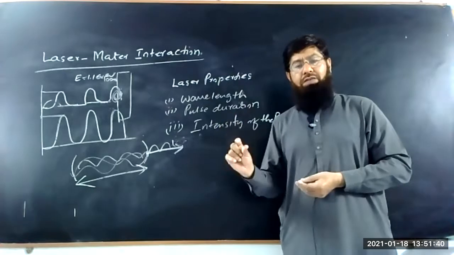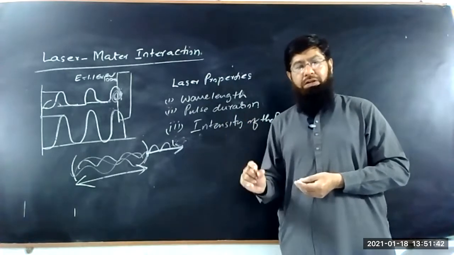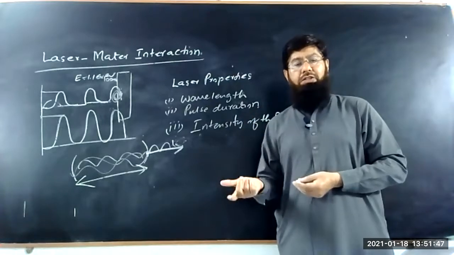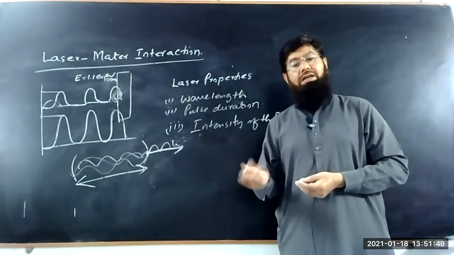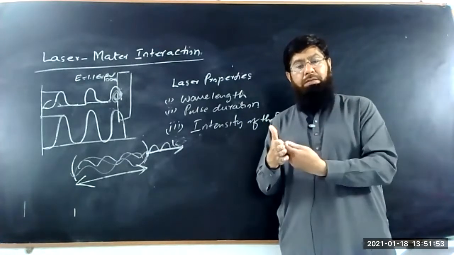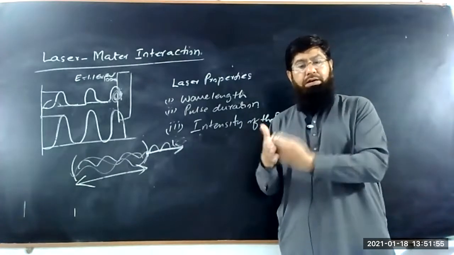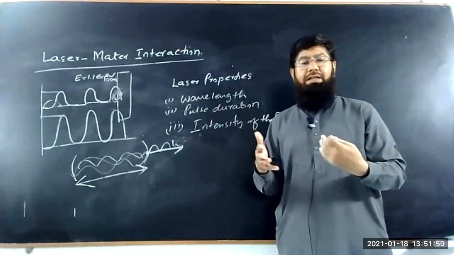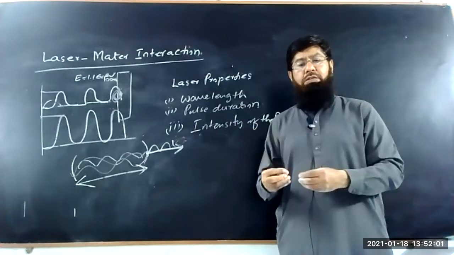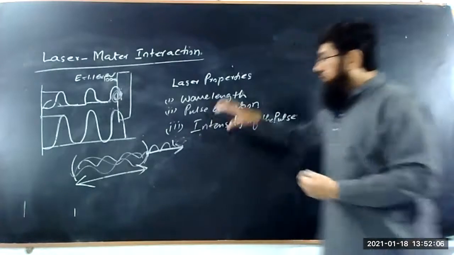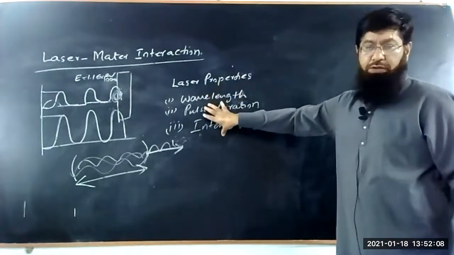Large wavelength produces a small evaporation and small wavelength produces a large evaporation, because the small wavelength has a large energy per photon. So the coupling with the material will increase, the reflection of the light from the surface will decrease, and more energy will be utilized to evaporate the material.